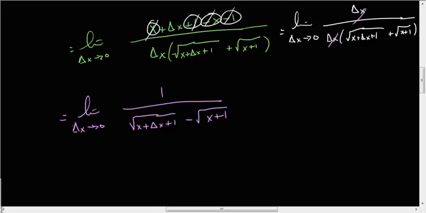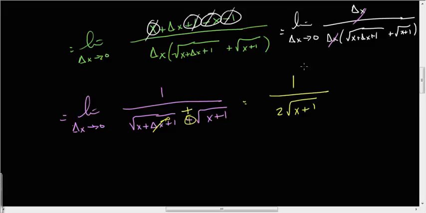So we do that, then we get delta x tends to 0. And I made a sign error here. This should actually be a plus. So that equals 1 over 2 root x plus 1.